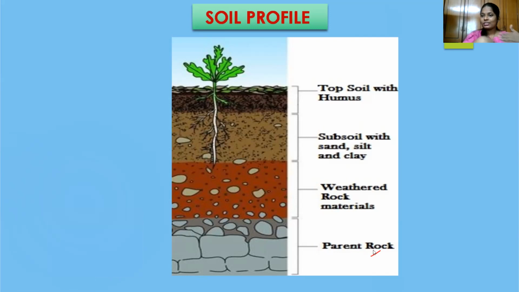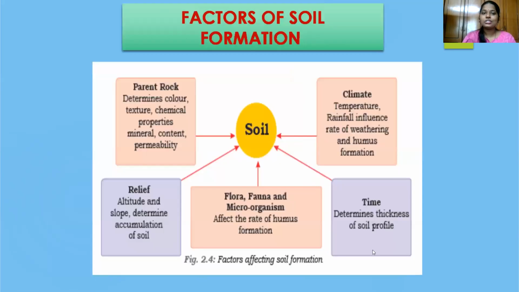The soil is forming from the parent rock, which determines the color, texture, chemical properties, minerals, and content. Then we have the climate: temperature and rainfall. We know rainfall is a major factor for the soil, affecting the weathering process and humus formation.